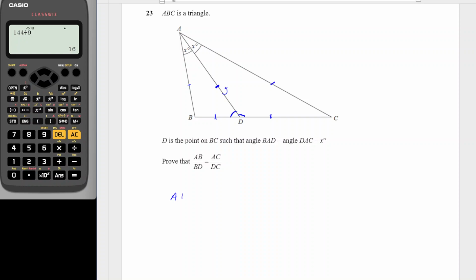So AB over, if I call that angle Z, AB over sine ADB is going to be equal to BD over sine X.